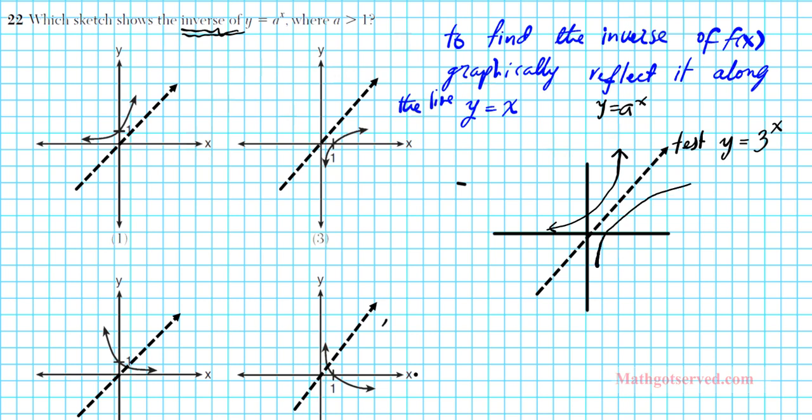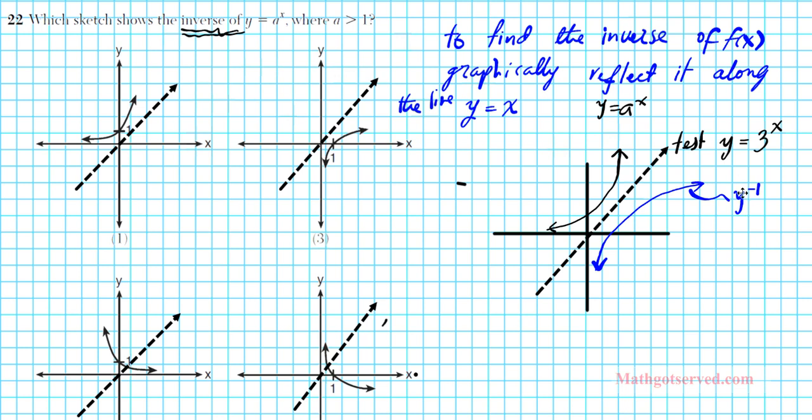Okay, now reflection along the line y equals x. So which of these graphs looks like the reflection right there? Let me use a different color. So make it blue. So that goes the reflection right there. This is y to the negative 1, the inverse, not the reciprocal, okay?